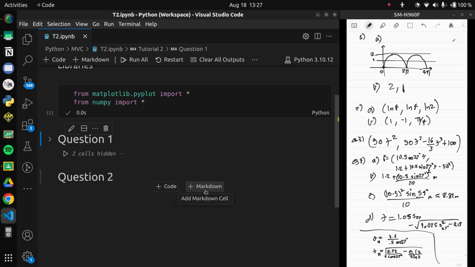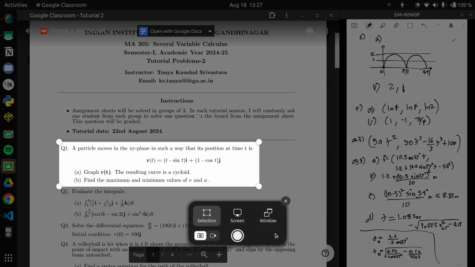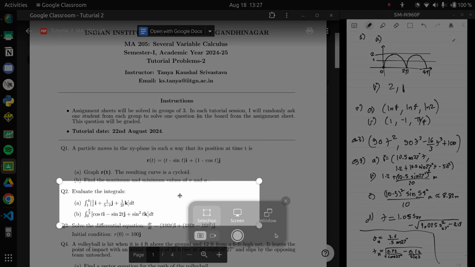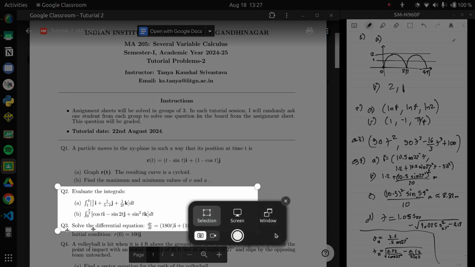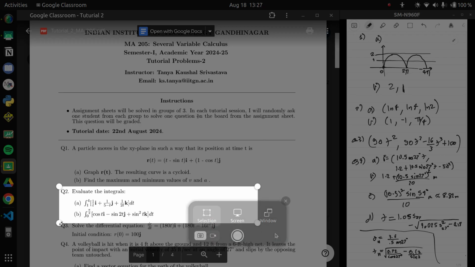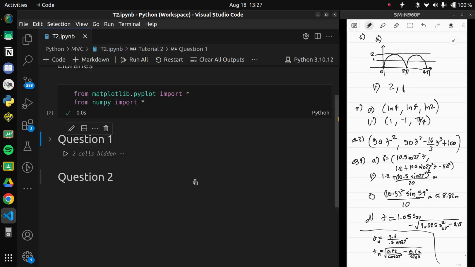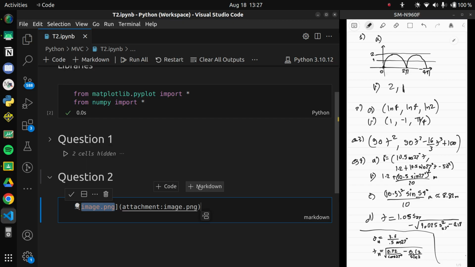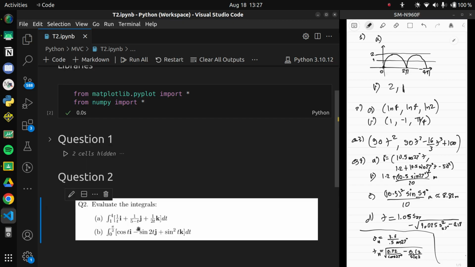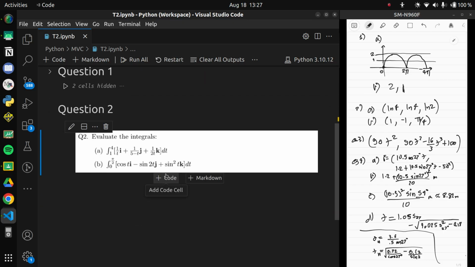Okay. Now, once again, the same as before, I'm just going to copy that. So you want to evaluate these integrals. I mean, that's kind of easy, isn't it? Yeah, so the answer will just be this stuff.